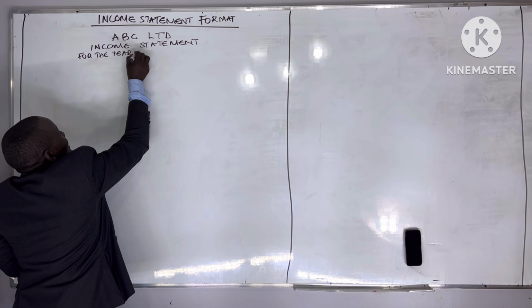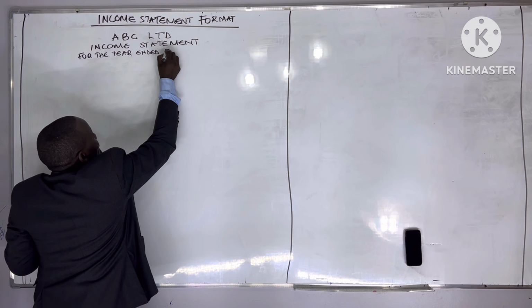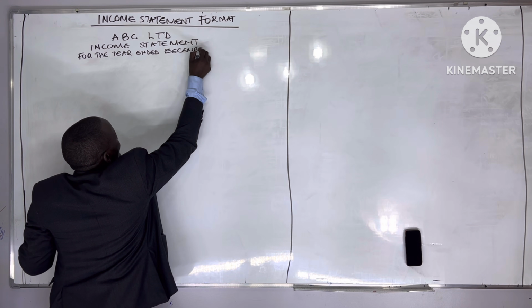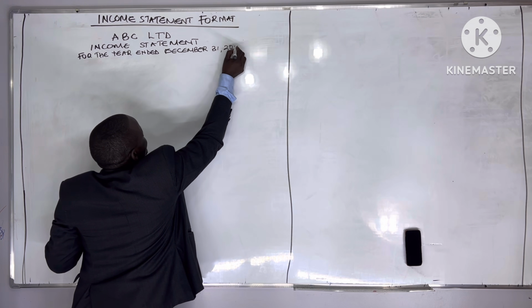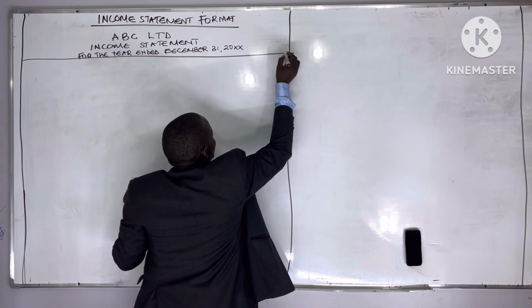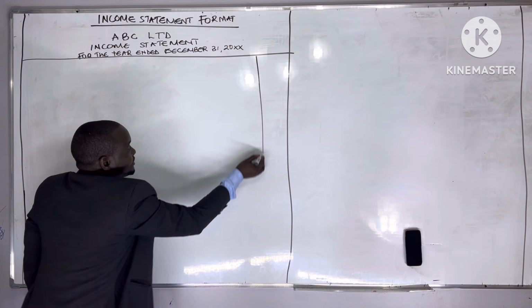for the year ended. We can talk about December 31st that year. So we'll do the 3 column first. So we have this format.